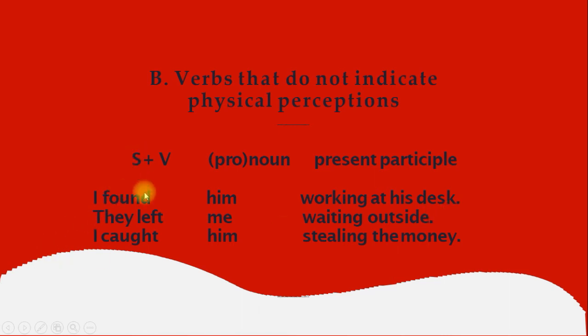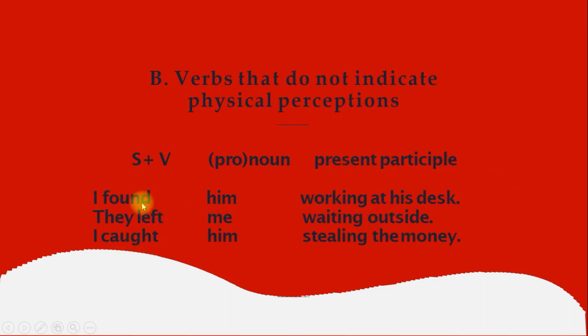Or the second sentence, they left me waiting outside. They here is the subject, left is the verb taken from leave, me is the pronoun here, and then waiting is the present participle. I caught him stealing the money. I is the subject, caught is the verb, and him is the pronoun, and then stealing is the present participle.